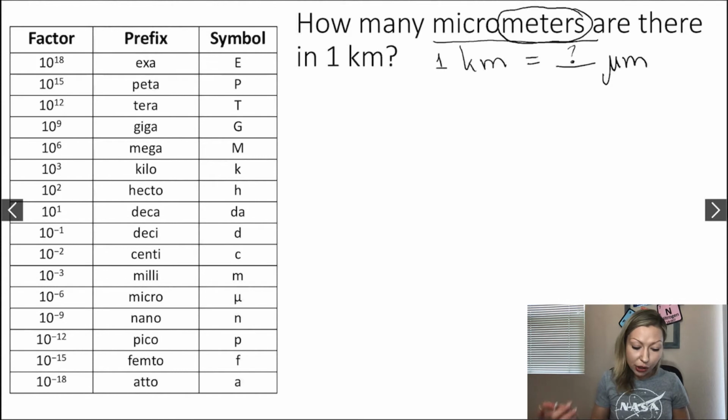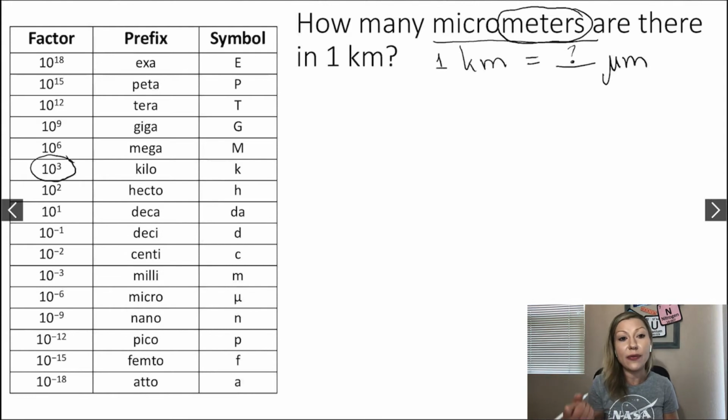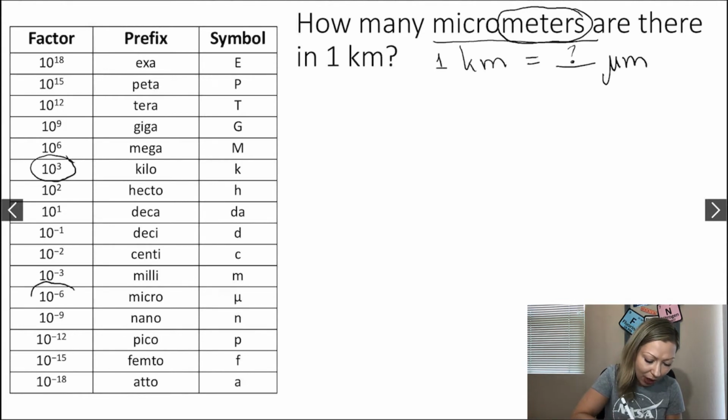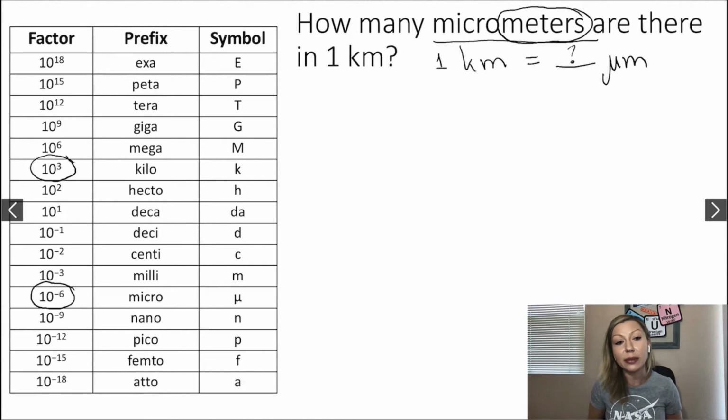Okay, so let's try to find both kilo and micro in the table. Let's look for kilo first. Where is it? Did you find it? So kilo is right here, and we know the factor. Did you find micro? So micro is right here, and 10 to the negative 6th is the factor.